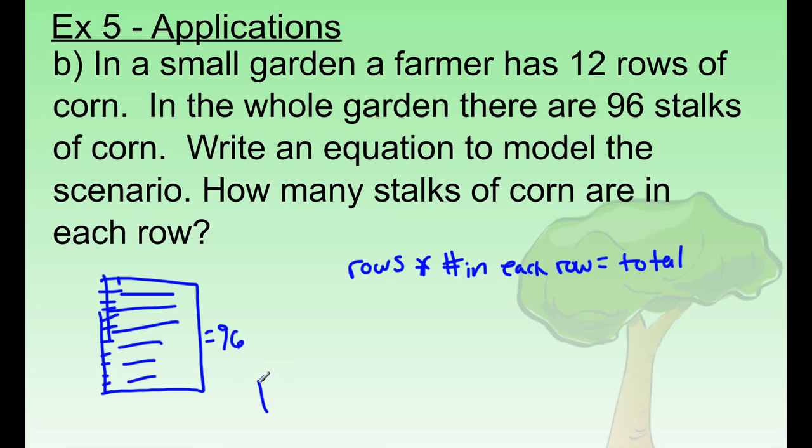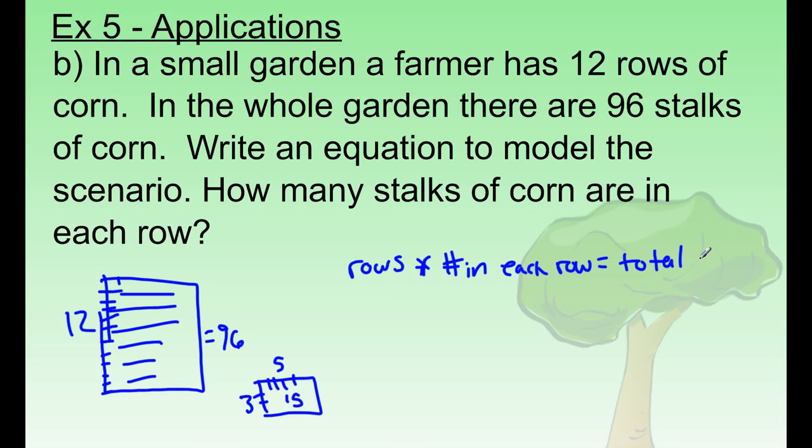If you had a rectangle that was 3 units this way and 5 units this way, if you multiply the length times the width, the rows times the columns, that would give you a total of 15. That's essentially what this is saying. There's 12 rows here, there's a total of 96. How many are in each row?